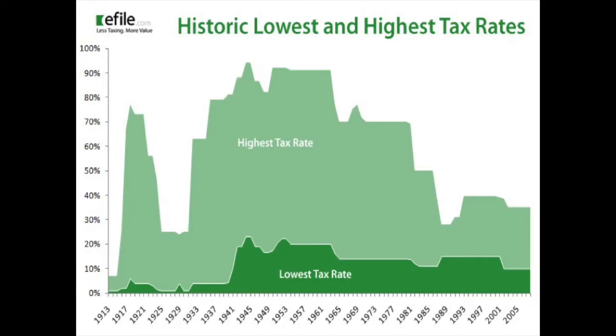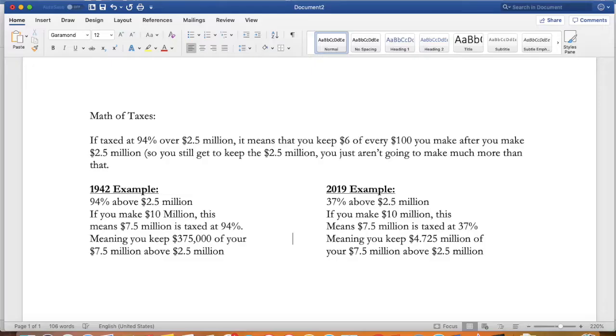So taxes did spike. One of the easiest ways you can see this is through the highest tax bracket, which was 94%. What that meant was any amount that you made over $2.5 million, you were taxed at 94%. You only got to keep about 6% of it. So let's say you made $10 million. From $2.5 million to $10 million would be about $7.5 million.